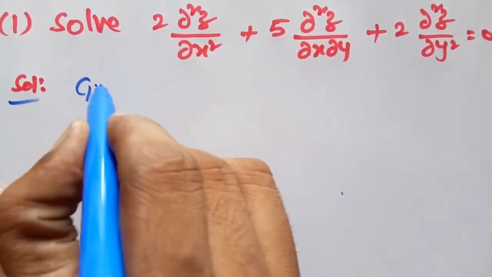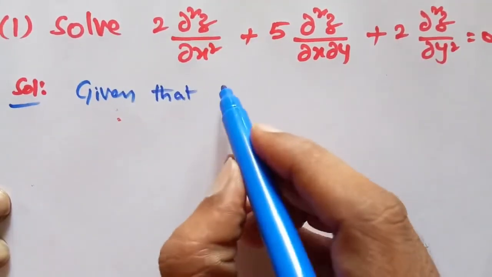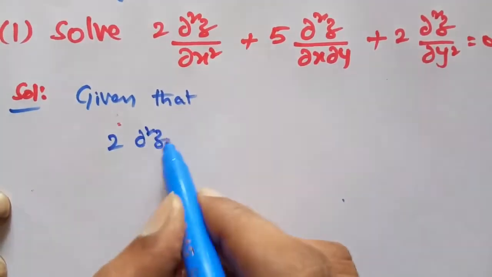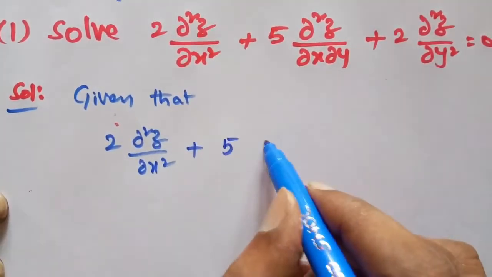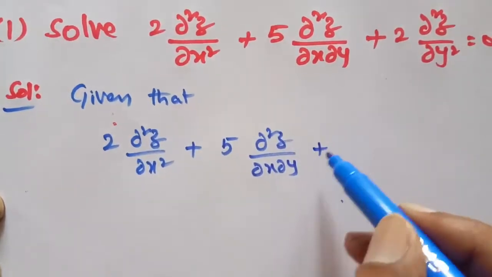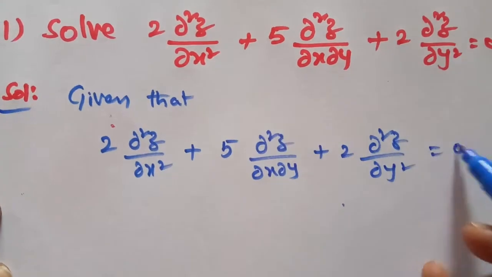Given that 2 ∂²z/∂x² + 5 ∂²z/∂x∂y + 2 ∂²z/∂y² = 0.